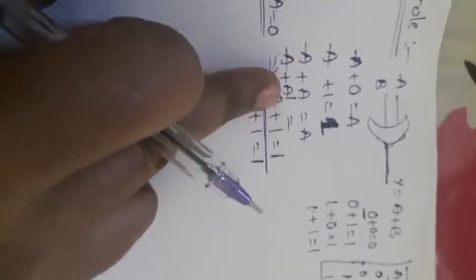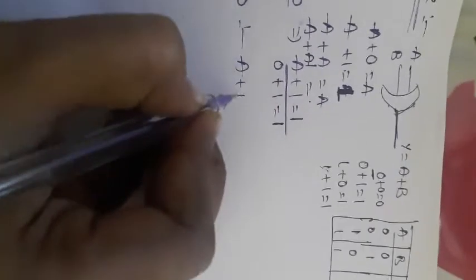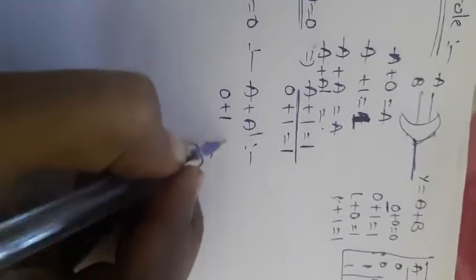So one more rule: A plus A complement. If A is 0, A plus A complement is 0 plus 0 complement, which is 0 plus 1, that is 1. So just remember it: A plus A complement is equal to 1. These are the 4 rules in the OR law.